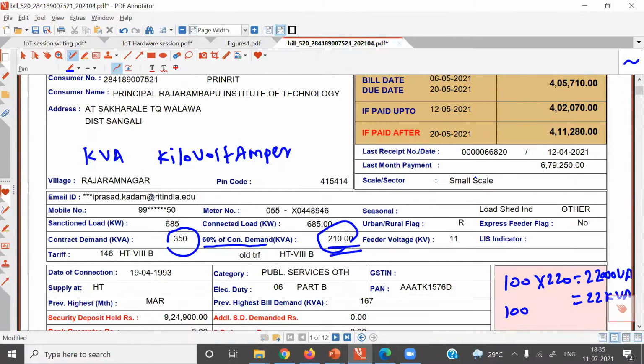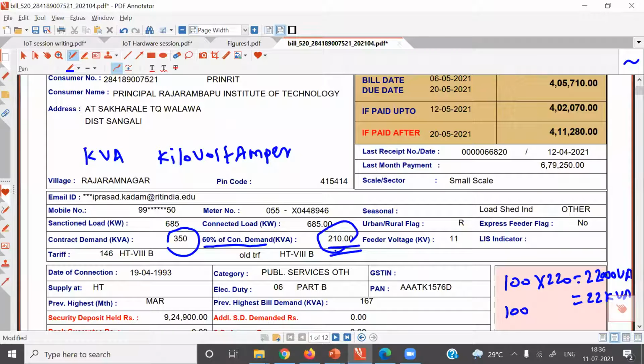Now suppose during peak hours, your kVA utilization exceeds this 210, then what will happen? During peak hours, for example, more air conditioners and lathe machines are switched on, then your kVA demand may cross this 60% of contract demand.